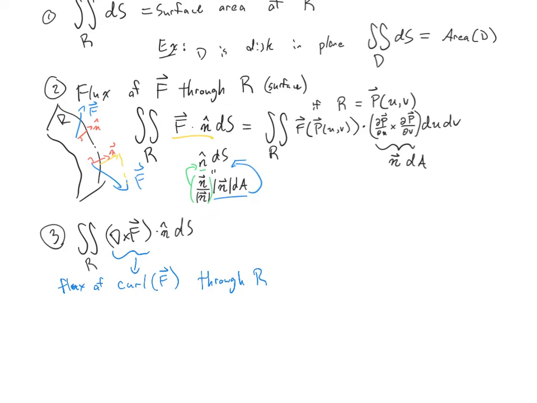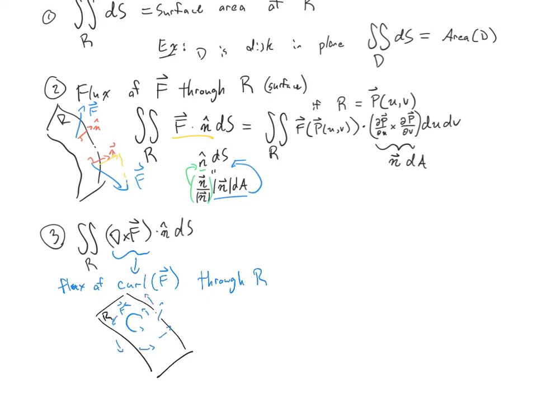So in particular, let me draw a similar picture. Here's my surface R, and let's say F is doing a lot of spinning, so F is roughly going around, doing some rotational spinning, which means that it looks something like this if you were to draw out the actual vectors in the vector field.